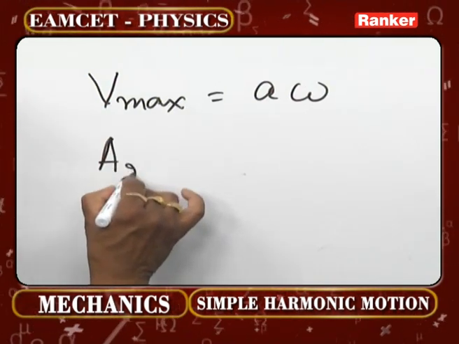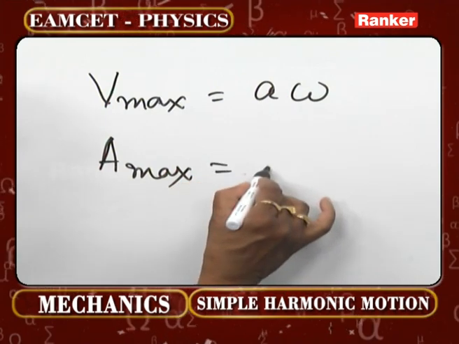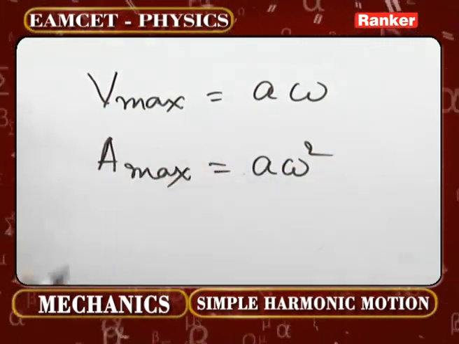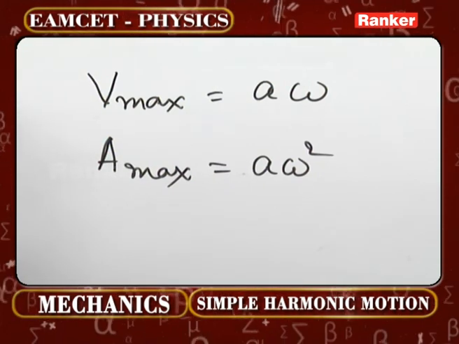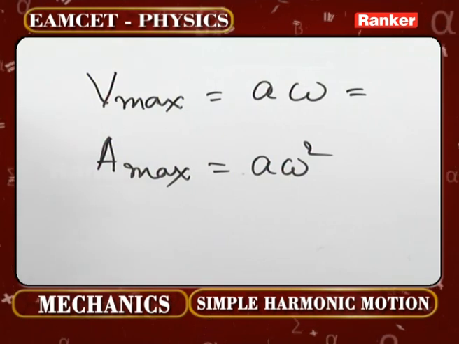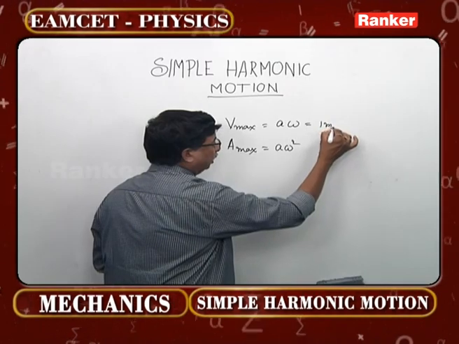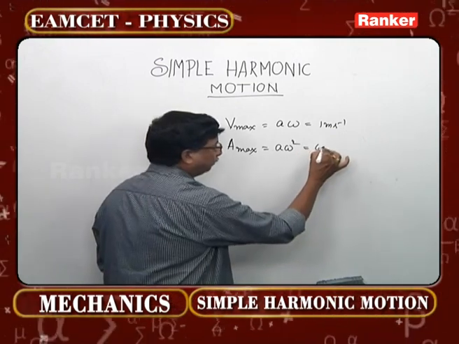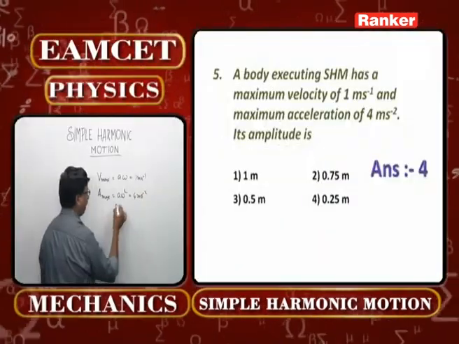In the same manner, maximum acceleration can be represented by A omega square. Once again, A is amplitude and omega is angular frequency. Now this value is given as 1 meter per second and this value is given as 4 meter per second square. What is the amplitude?